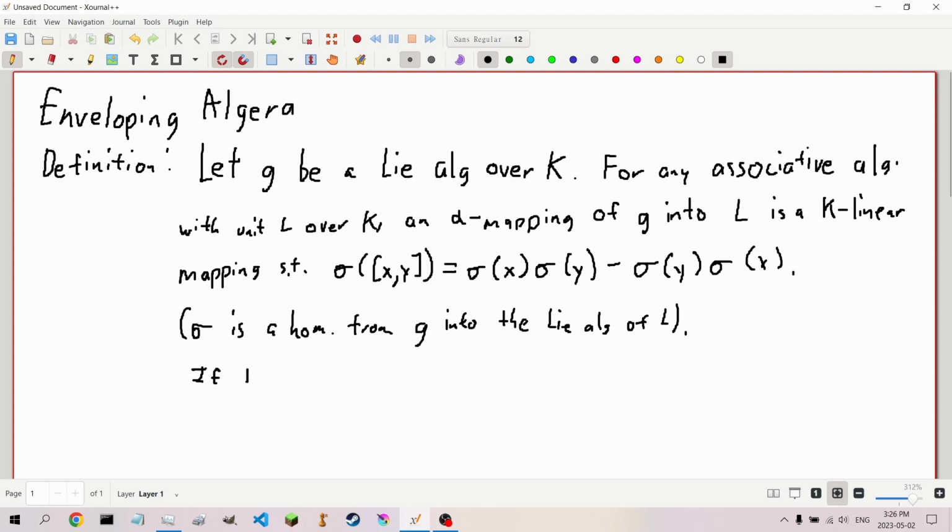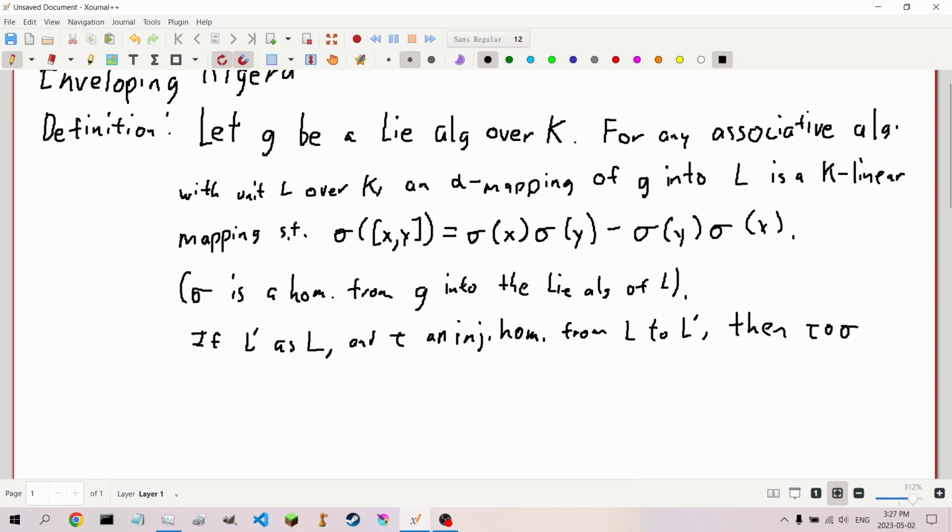If we have another algebra L prime, which is an associative algebra with unit over K, and we also have tau be a homomorphism, not just a homomorphism, an injective homomorphism from L to L prime, then the composition of tau with sigma is an alpha mapping of G into L prime.